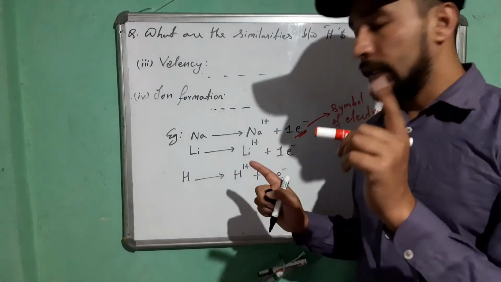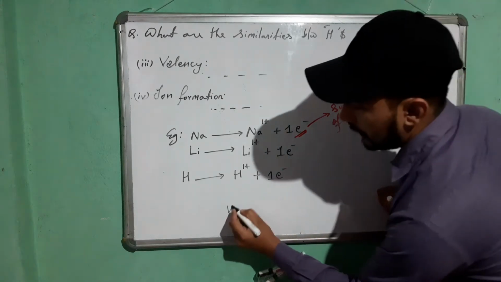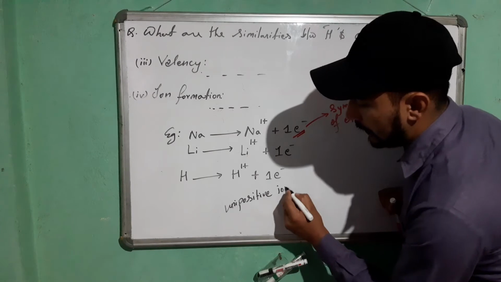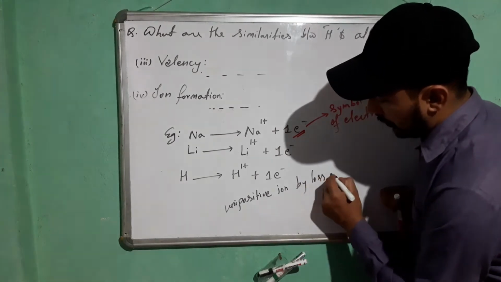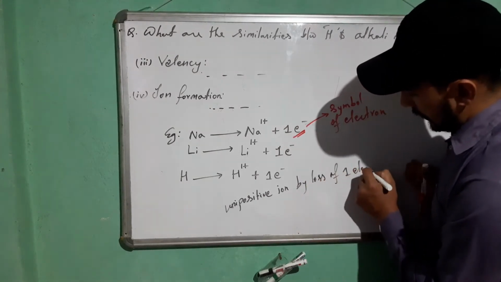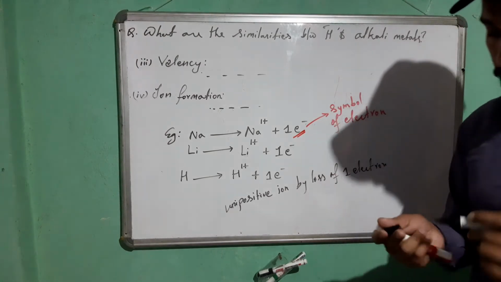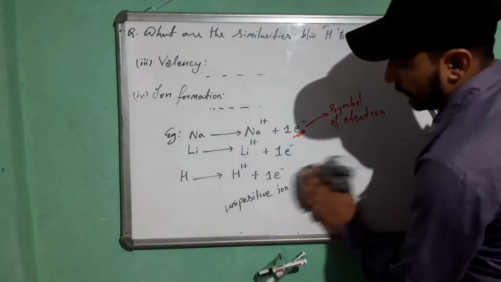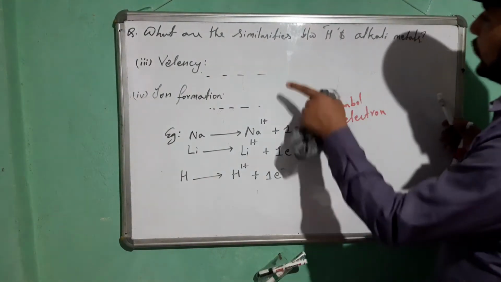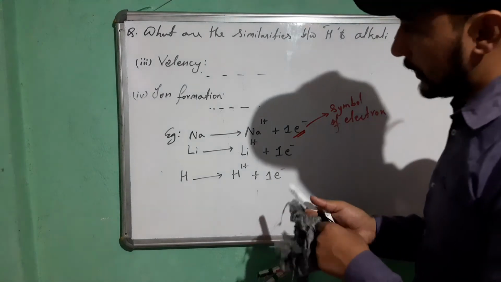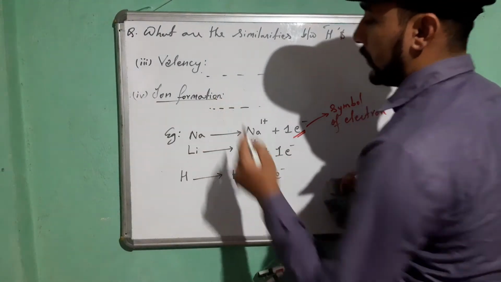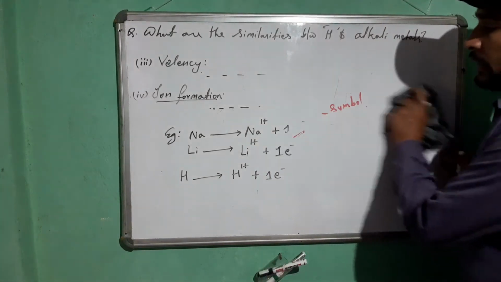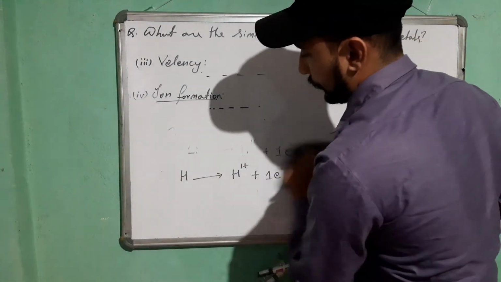Unipositive means 1, uni means 1, okay, unipositive ion, by loss of 1 electron in the general case. Okay, so this is another similarity between hydrogen and alkali metals. Ion formation. Hydrogen forms unipositive ion like alkali metals. Okay, so you should remember this point also.